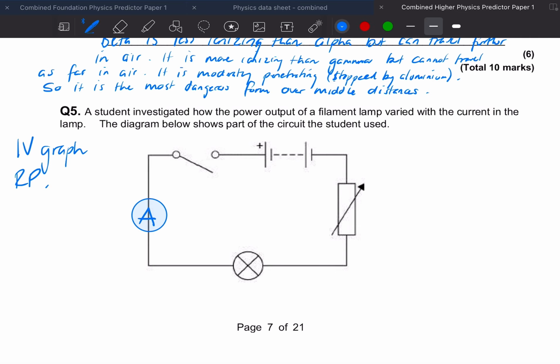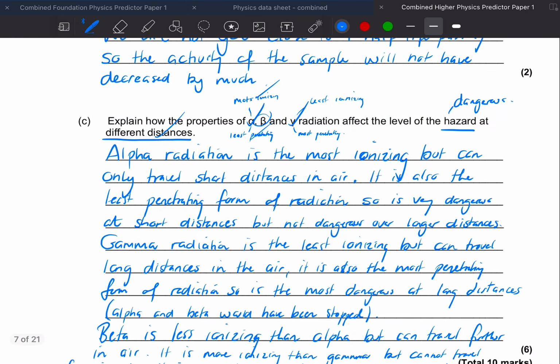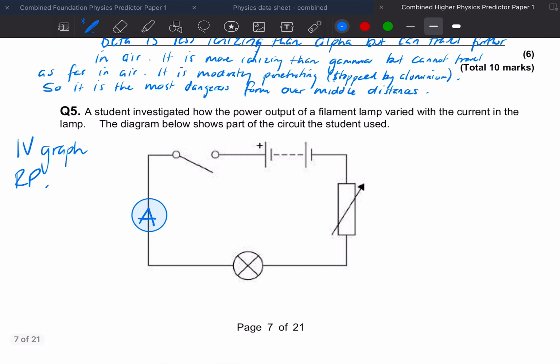And our voltmeter must be across the lamp. So we're going to put it like this in parallel with this lamp. Make sure you don't draw near the gap, so it must be continuous, and that's going to be our voltmeter. So that's what it should look like. We should have an ammeter in series and our voltmeter in parallel across the lamp.